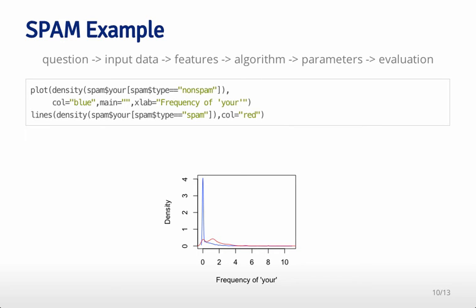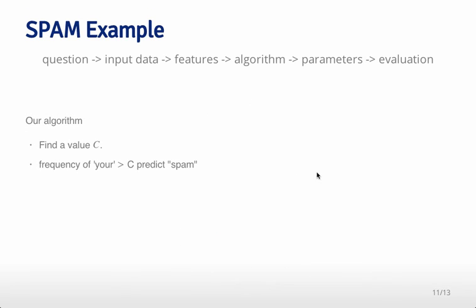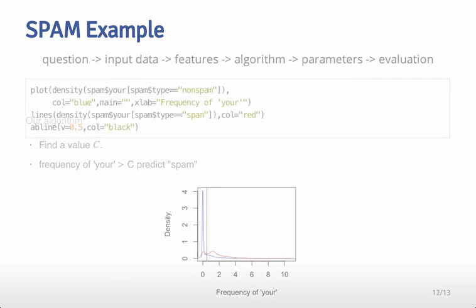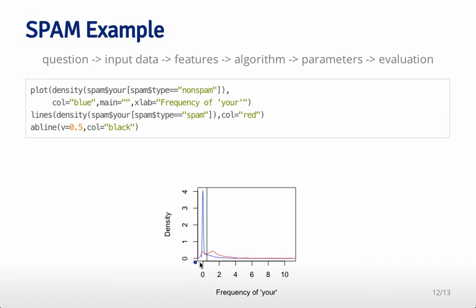So we can build an algorithm. In this case, let's build a very, very simple algorithm. We could estimate an algorithm where we find a cutoff, a constant c, where if the frequency of "your" is above c, then we predict spam, and otherwise we predict that it's ham. Going back to our data, we could try to figure out what the best cutoff is, and here's an example of a cutoff you could choose.